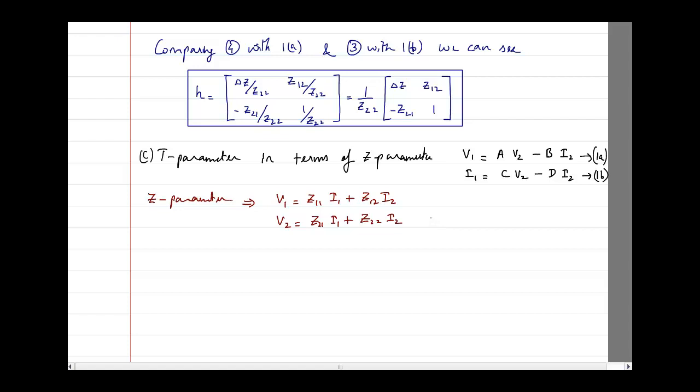Now have a look here. In the first equation, V1 is as such there, I2 is as such there. You need to replace this I1 so that you get V2. So from the second equation you can get that. So I will write this one as 2a and this as 2b. And then from 2b, I will get what is I1.